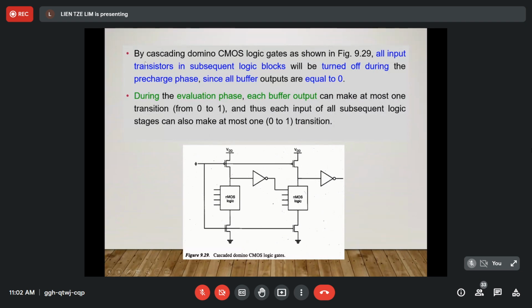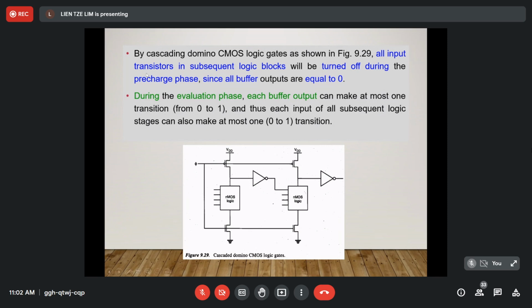When a dynamic logic gate is with the CMOS inverter, we call it a cascaded form. The CMOS inverter is cascaded with the dynamic logic gate.